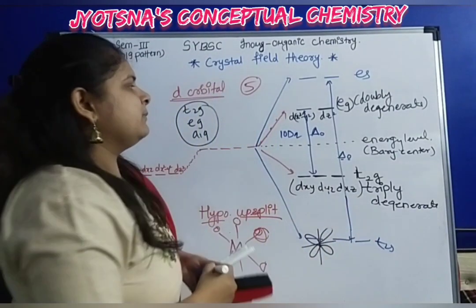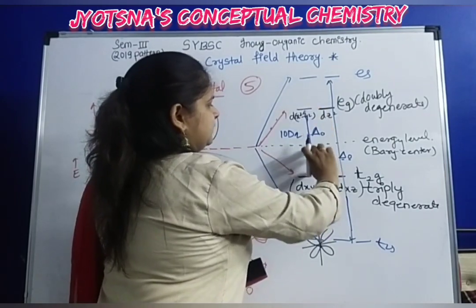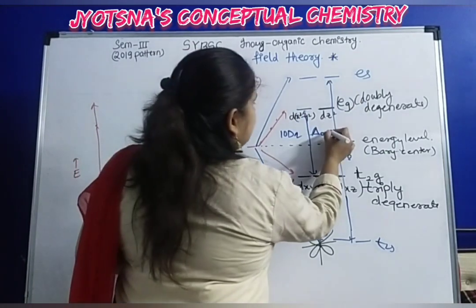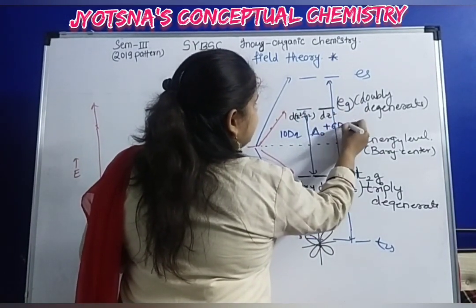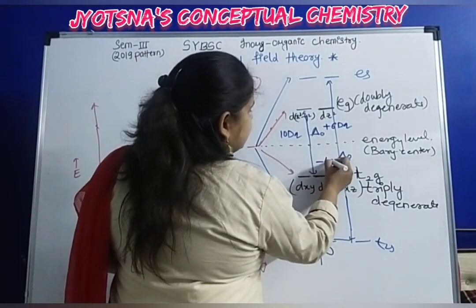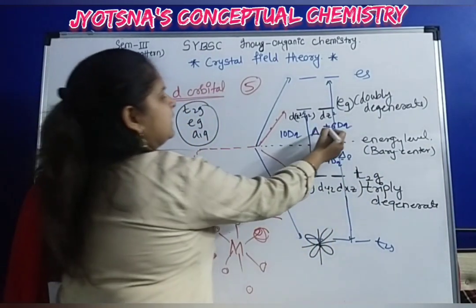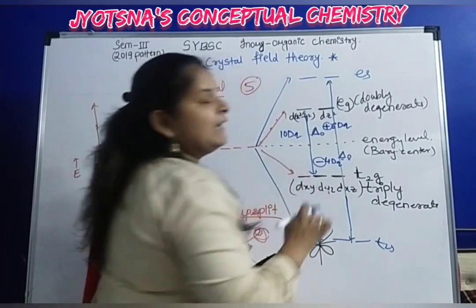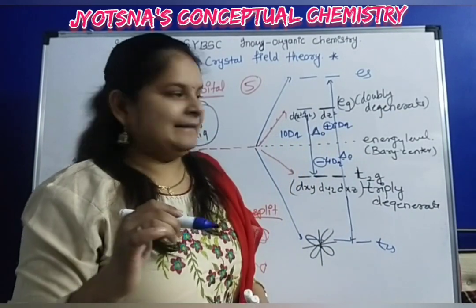The energy of Eg increases by plus 6 Dq, and T2g is minus 4 Dq because the energy is decreasing. Plus is for when the energy is increasing, minus is for when the energy is decreasing.